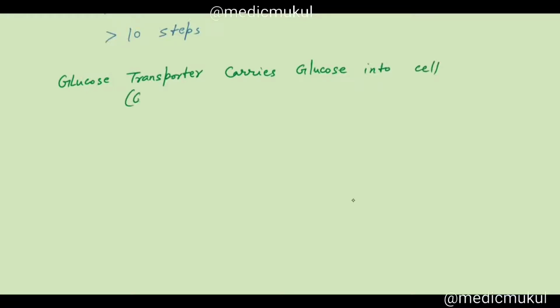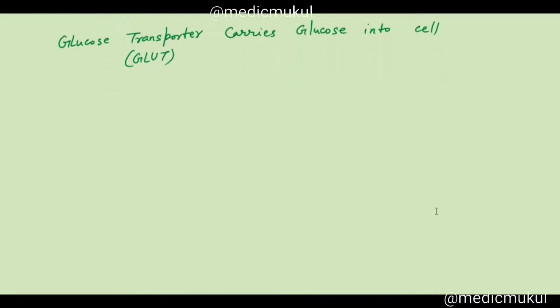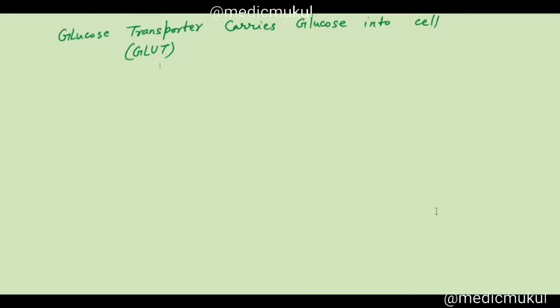That is our GLUT: GLUT 1, GLUT 2, GLUT 3, GLUT 5. All these transporters carry glucose into the cell, and the process occurs in the cytoplasm. When the glucose comes into the cytoplasm, one enzyme acts on it.